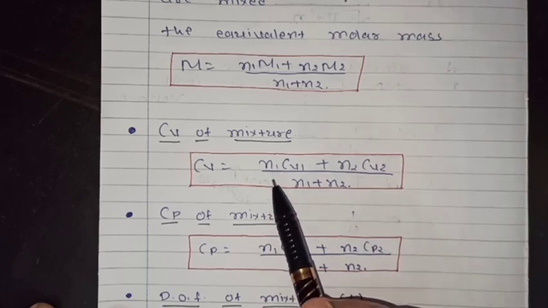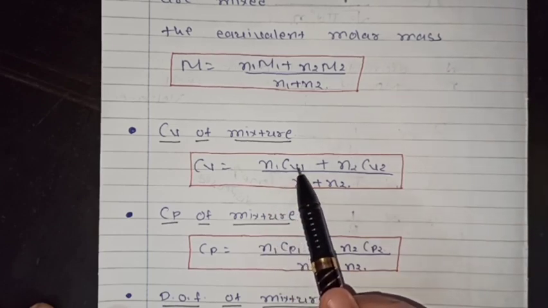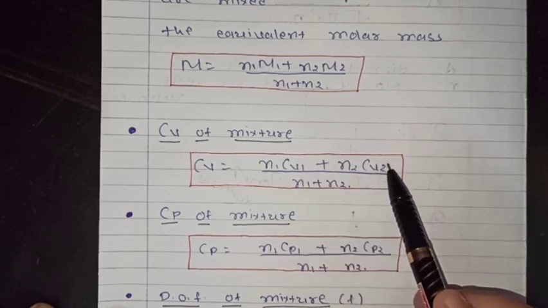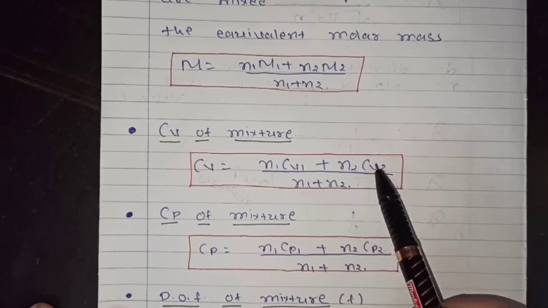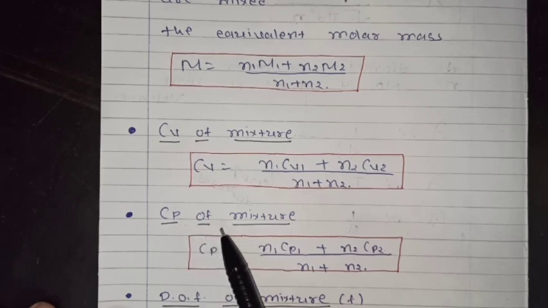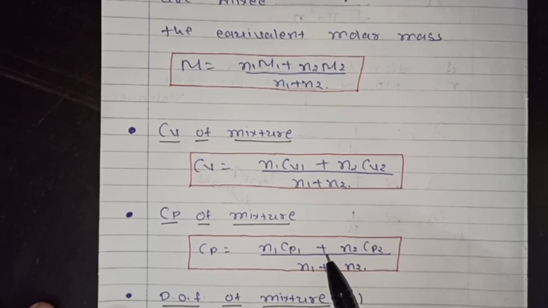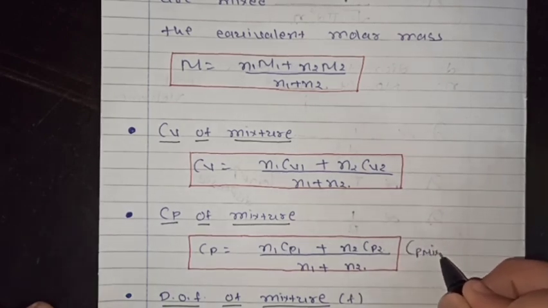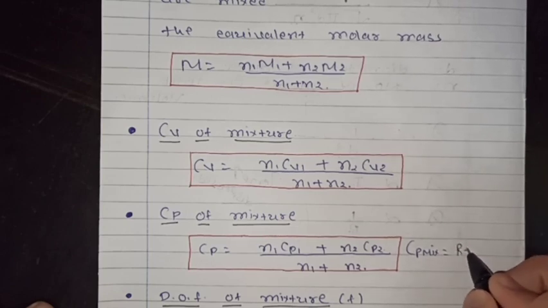So in N1 into Cv1, Cv1 will be for diatomic gas and Cv2 will be for monoatomic gas. From this formula we can find the Cv. Same way to find Cp, Cp can be written as (N1 Cp1 plus N2 Cp2) divided by (N1 plus N2), or else we can write Cp of mixture is equal to R plus Cv of mixture.